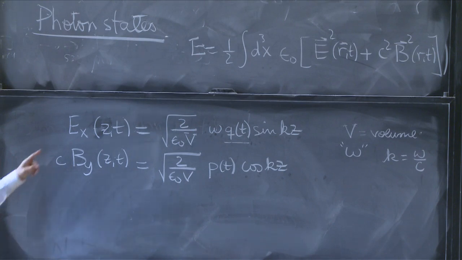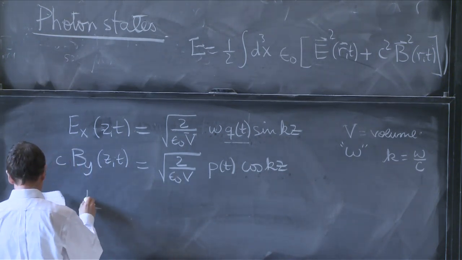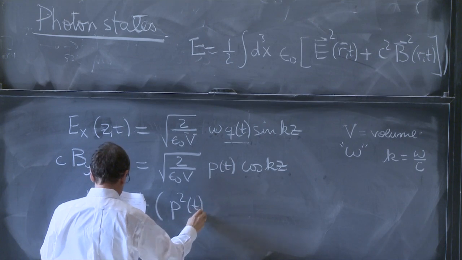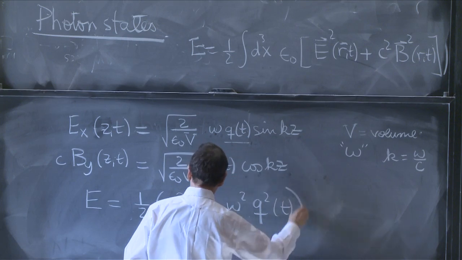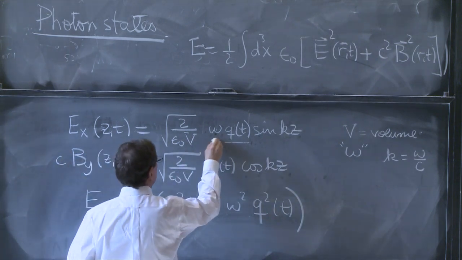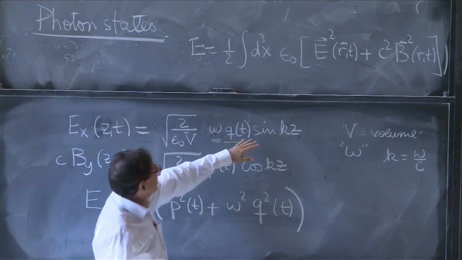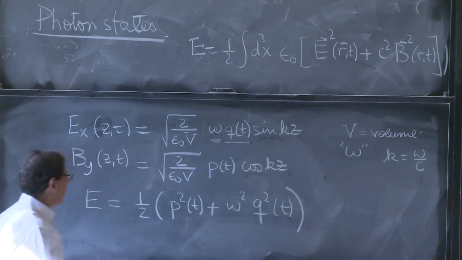And so the integral, in fact, is not any complicated integral, and we have immediately the answer that energy is 1/2 (p squared of t plus omega squared q squared of t). And that was why this omega was here. There's not really much to this, except that when you square it and you take the integral over the volume, you replace the sine squared by 1/2 and the cosine squared by 1/2, and that's it.